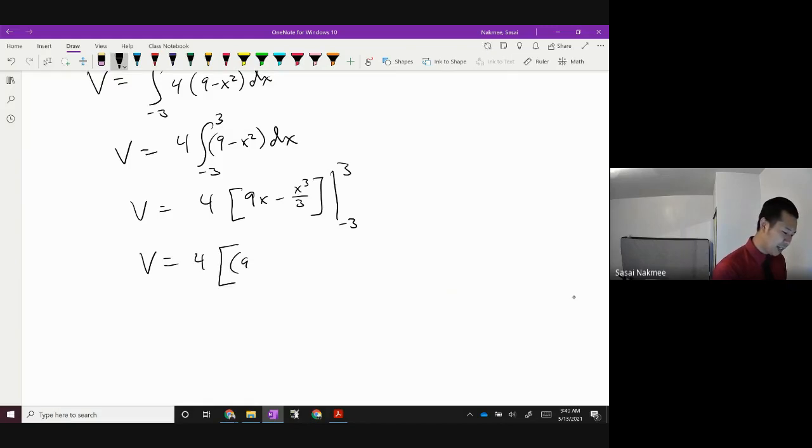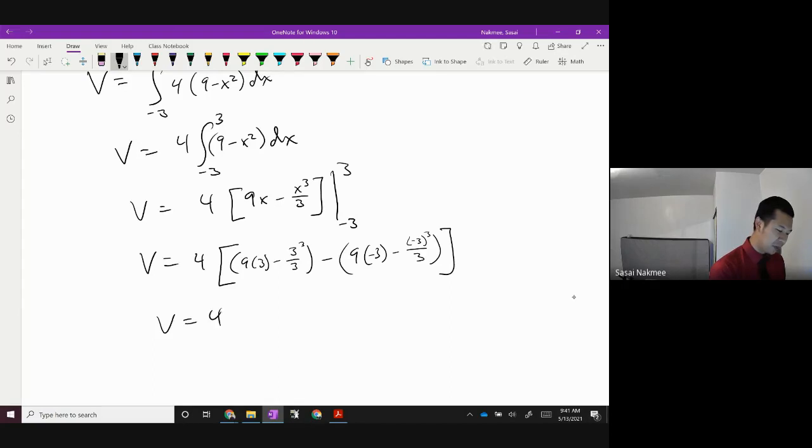So we got here 9 times 3 minus 3 cubed over 3, minus 9 times -3 minus -3 cubed over 3. And of course, this is all being multiplied by 4 out front right there.